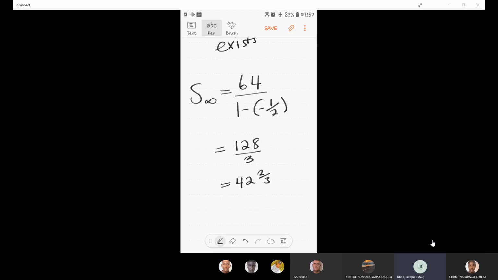If everything was positive, then you'll notice that the sum to infinity will be greater than your first term. But because they're alternating, some are positive, some are negative, you have a sum to infinity that is less than what you started with.